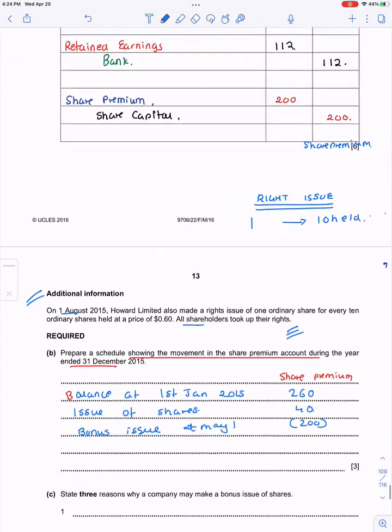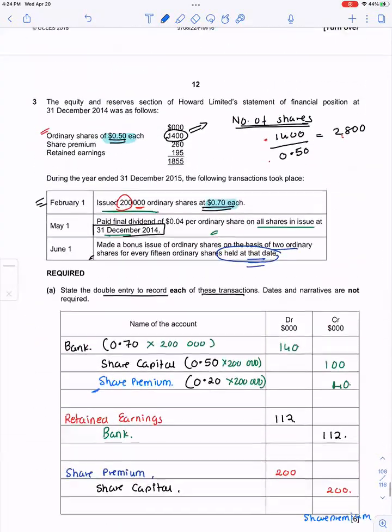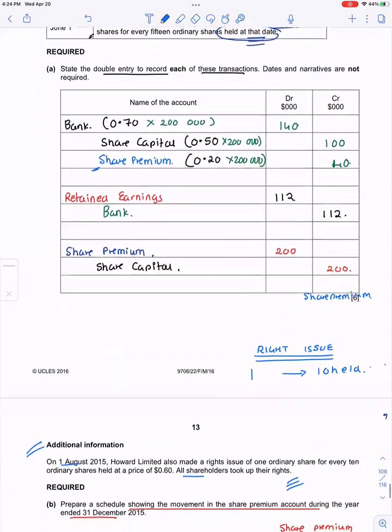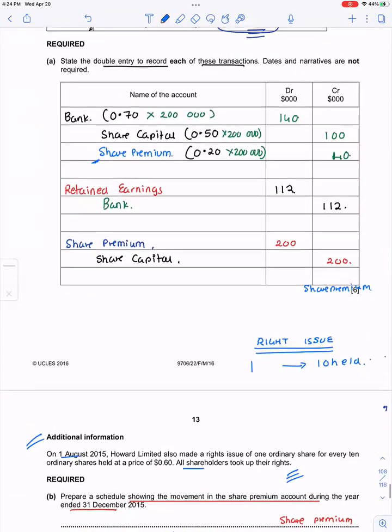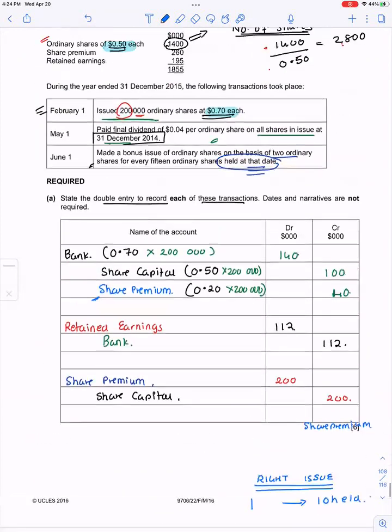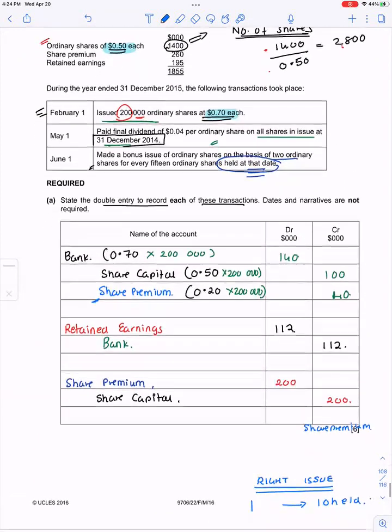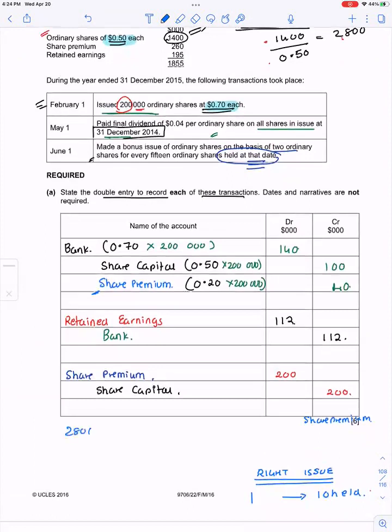What is the total number of shares that is held with you? Bonus, how many shares you issued? First you had 2,800. Then you did a fresh issue of 200. 3,000 shares.